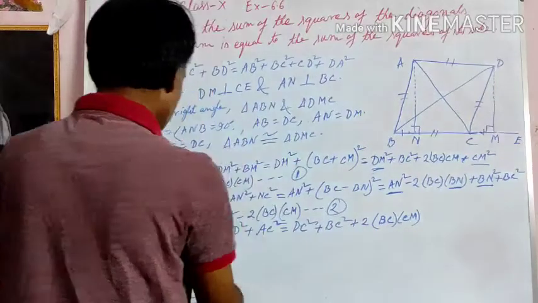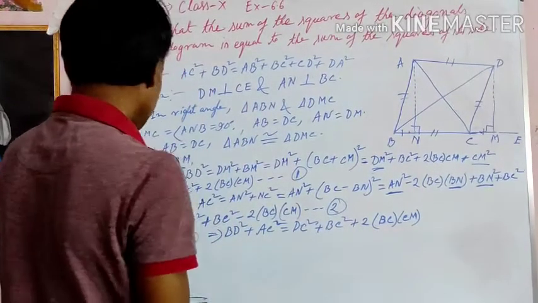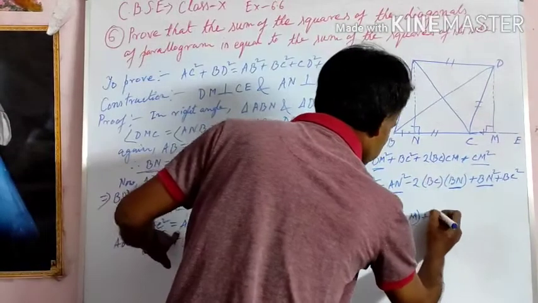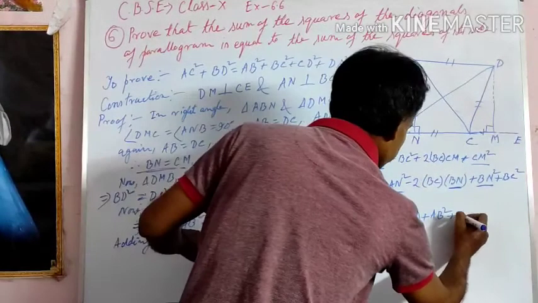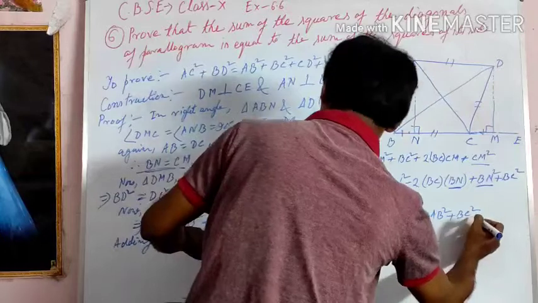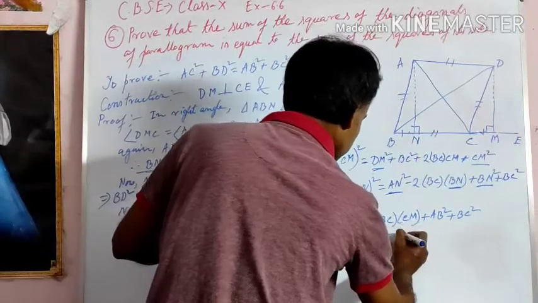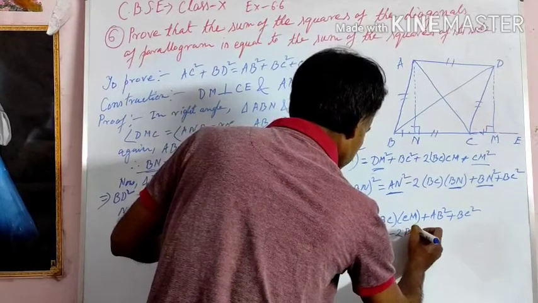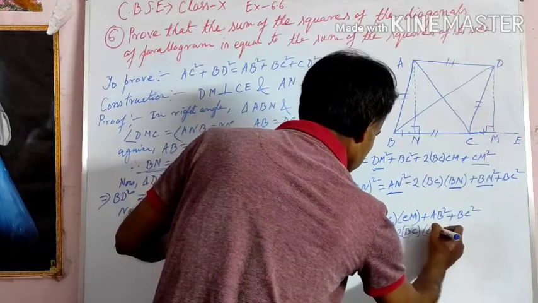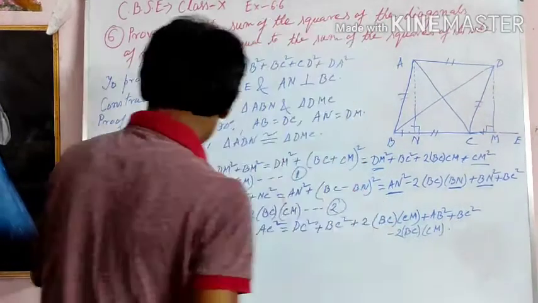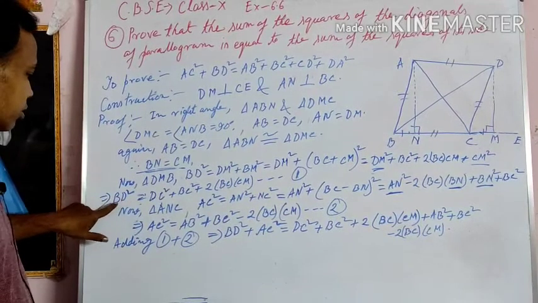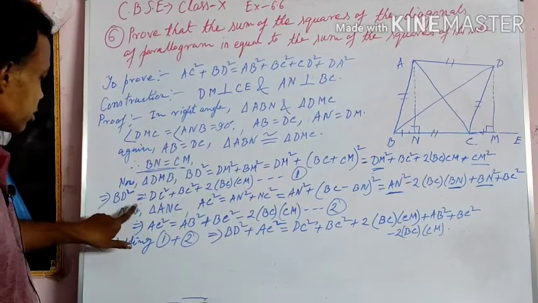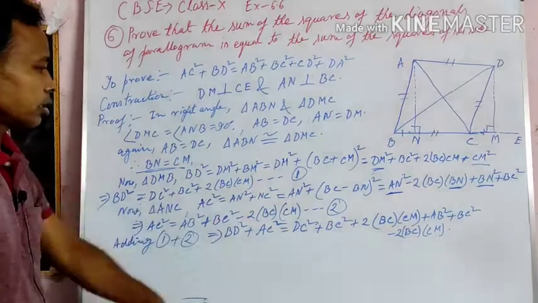Now the right hand side: AB square plus BC square minus twice BC into CM. This is very easy, just add the two equations. Left hand side BD square plus AC square, and right hand side add it, and nothing else.